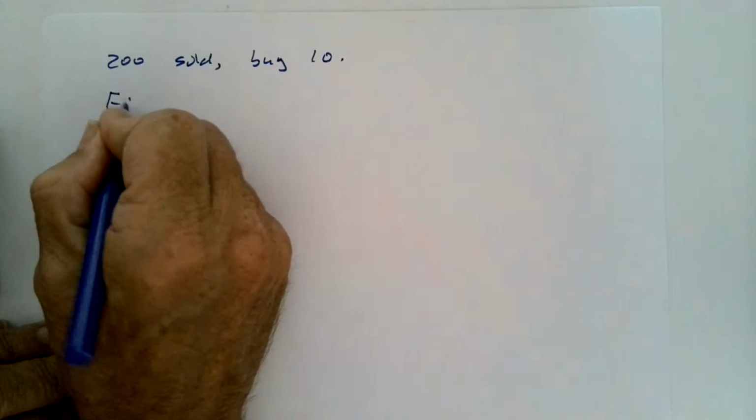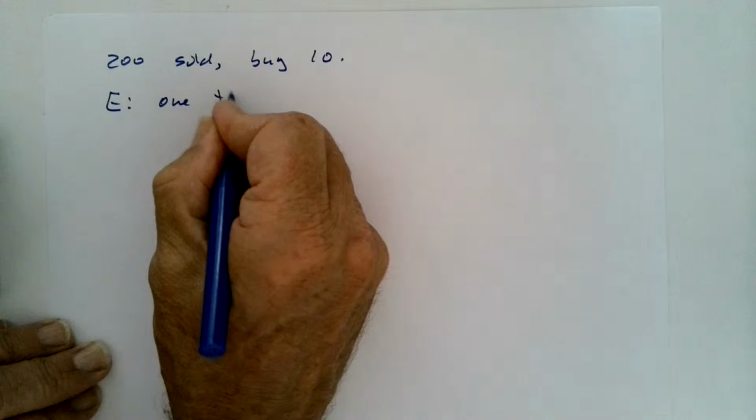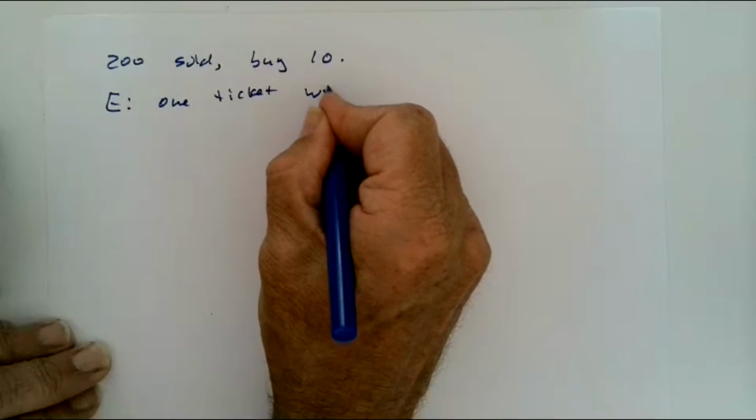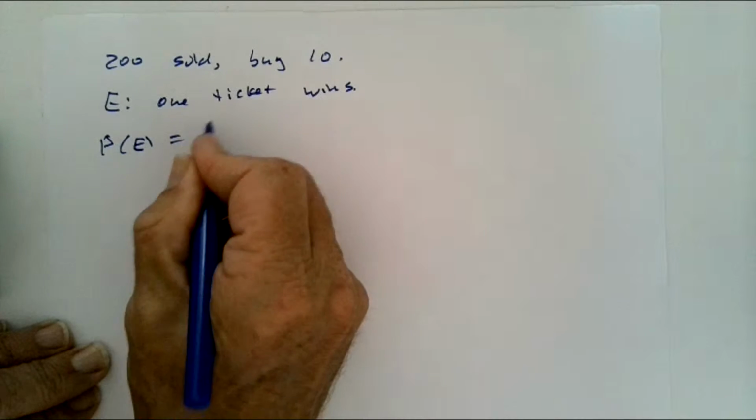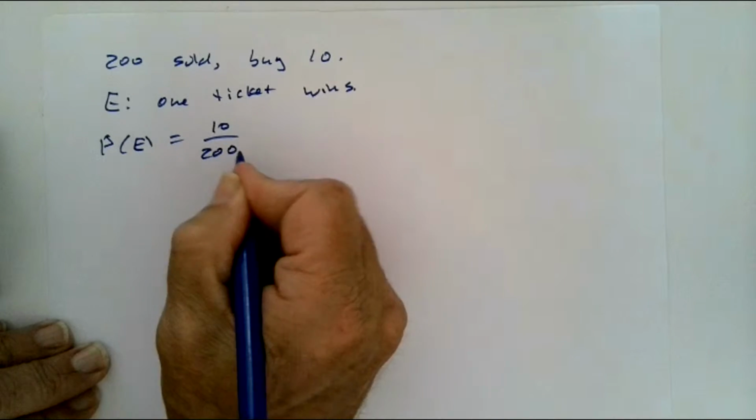Let's let E be the event 1 ticket wins. So the probability of E, the probability of winning, is 10 out of 200.